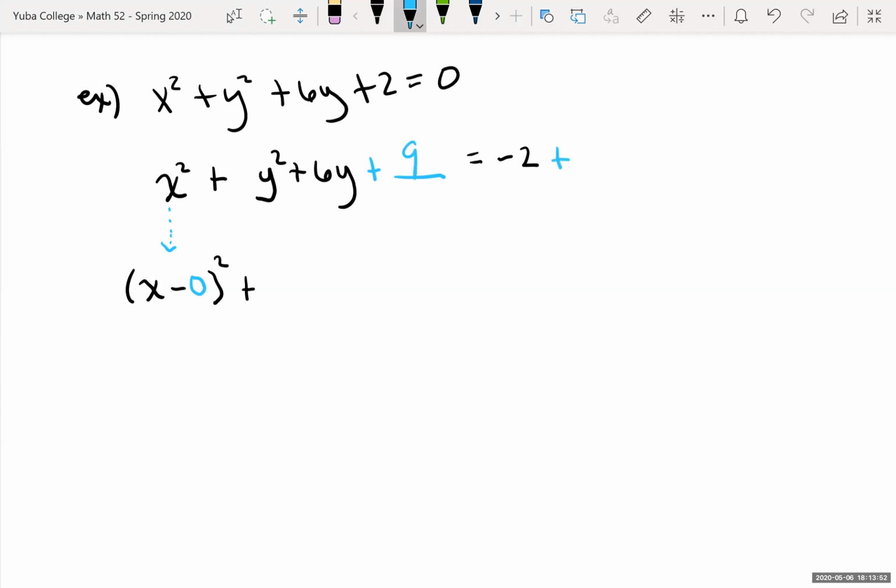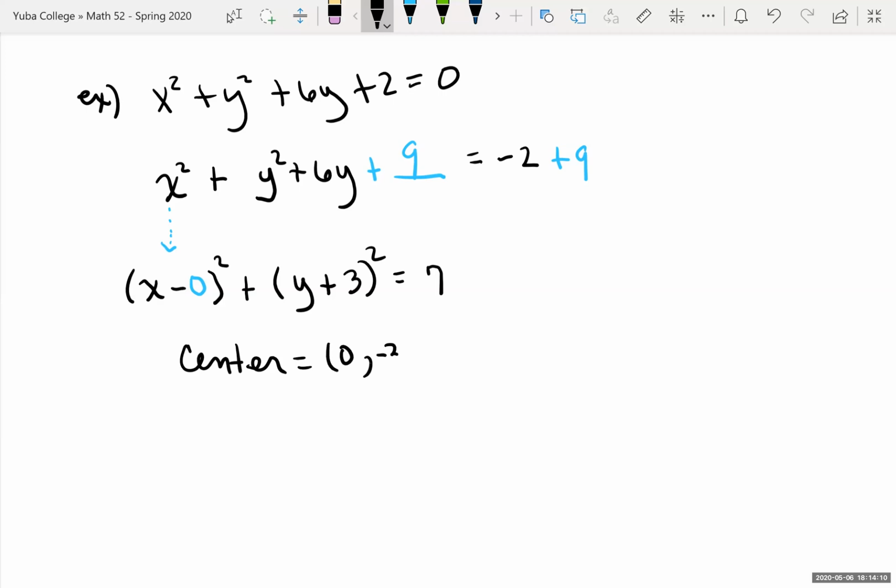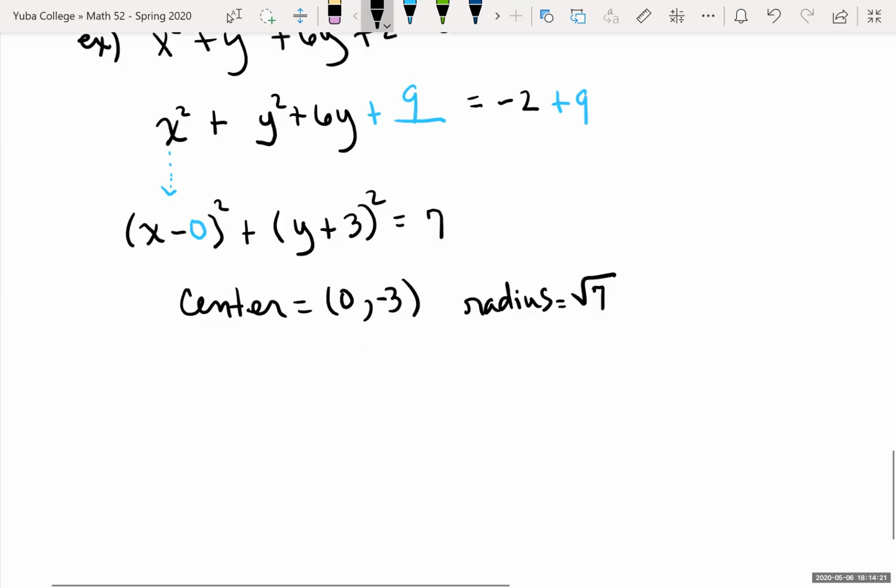So we have to add 9 on both sides. So then we just wrote this as a perfect square. So this is y plus 3, quantity squared, equals 7. So our center is equal to 0, negative 3. And our radius is the square root of the other side, which is 7. So square root of 7.